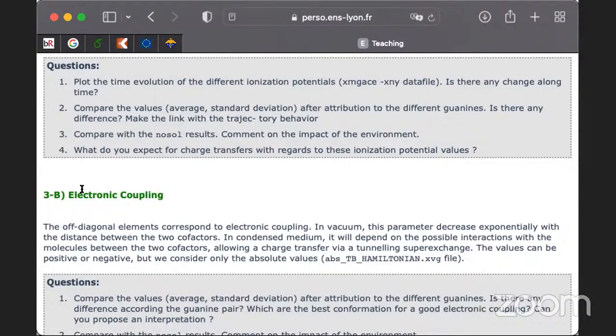So for the time being, you can try to assign, perhaps different, take on VMD two guanines, try to find the coupling value and see if it corresponds to your intuition or not.